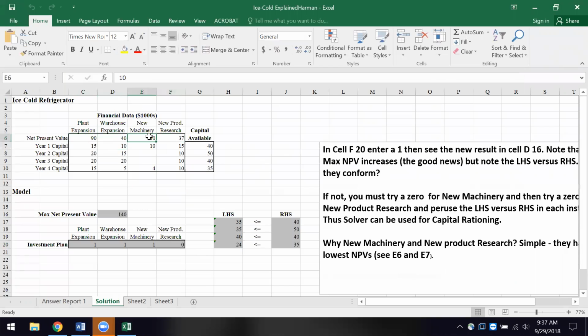Now, because we live in a real world, we have a limited amount of capital that we can use each year for our projects. And the total amount, I'll just get that for us. The auto sum. I have $165,000. And I have a 4-year capital budget plan.